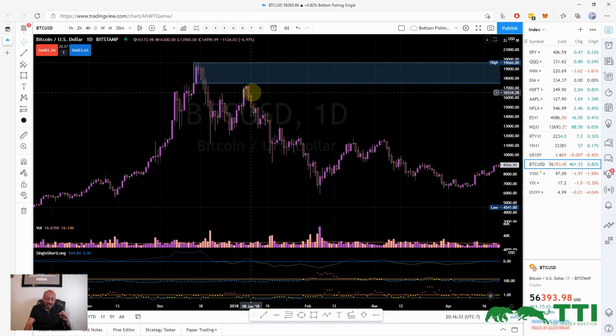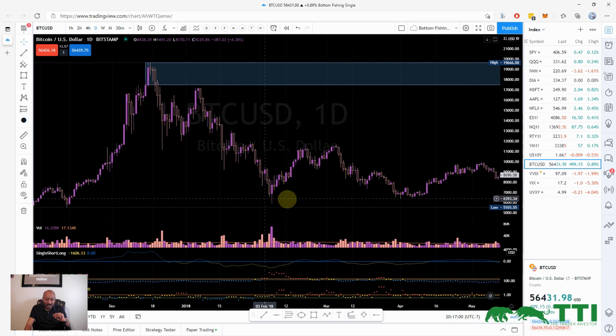And for me, mitigation means at the very least touch the bottom of this block, preferably the middle of this block. And my entries are mostly the middle of the block is my preference. I need to see a close inside this block and see a reversal for my entry. But I'm getting too far ahead of myself, just focusing on the order block.